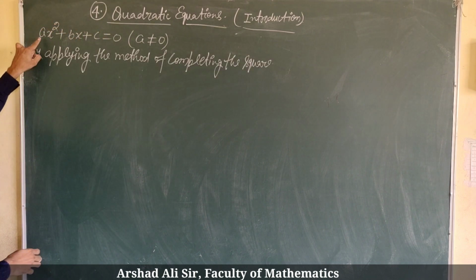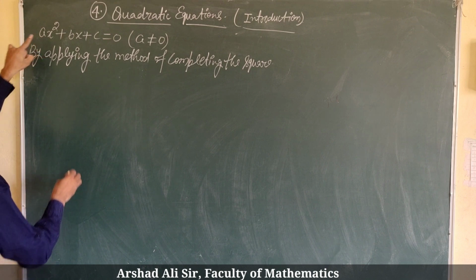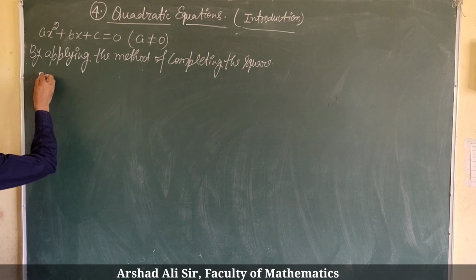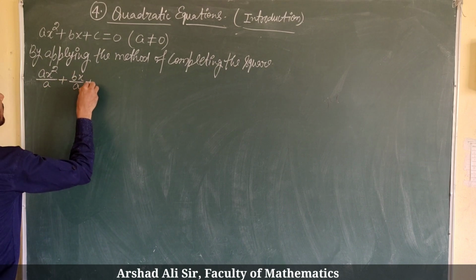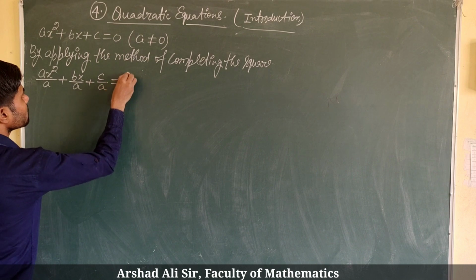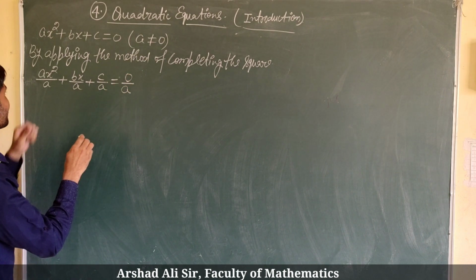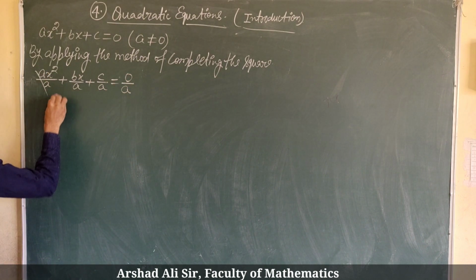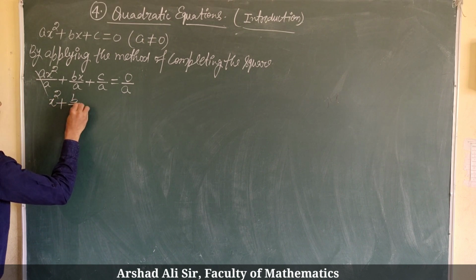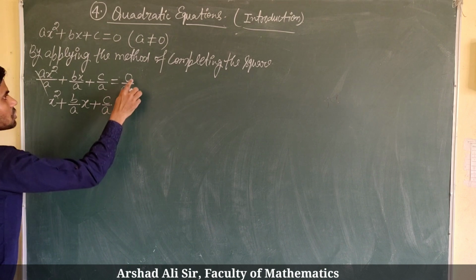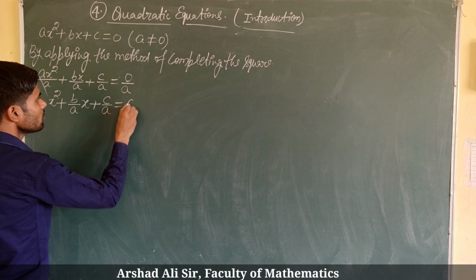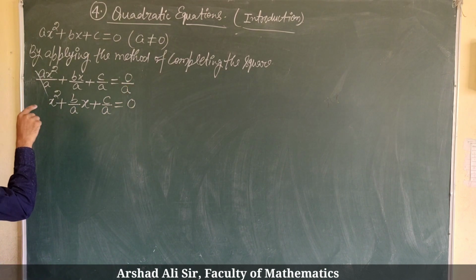Now we will remove the coefficient of x square, meaning we divide by a: ax square upon a plus bx upon a plus c upon a is equal to 0 upon a. Now we can write x square plus b upon a into x plus c upon a is equal to 0. This is the first step.